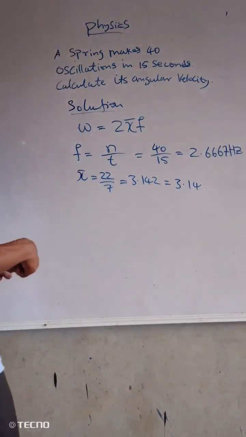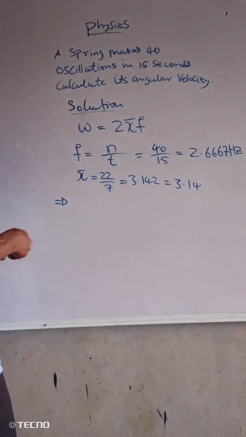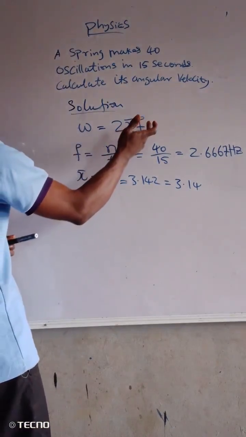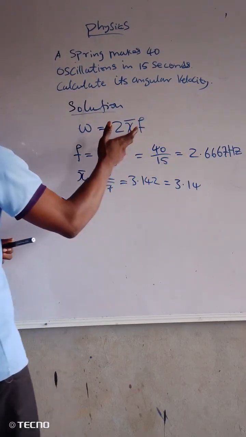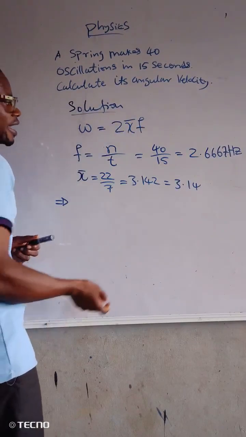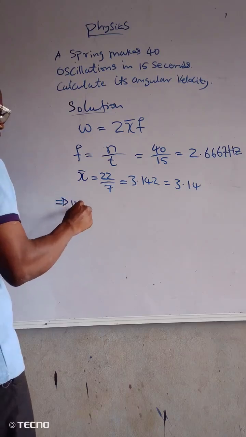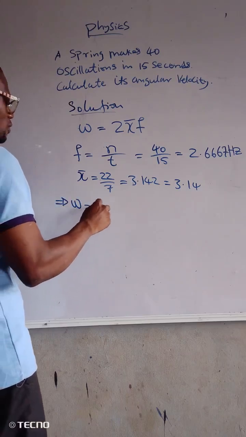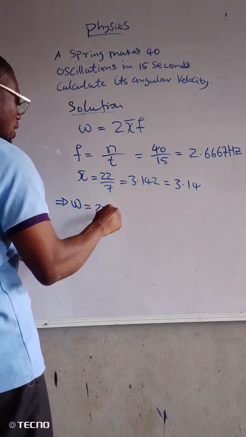Now, the next thing is to go ahead and solve. We have gotten the value of frequency, f, and we have our pi given to us as 3.14. So we can now solve for angular velocity, which is 2 pi f.